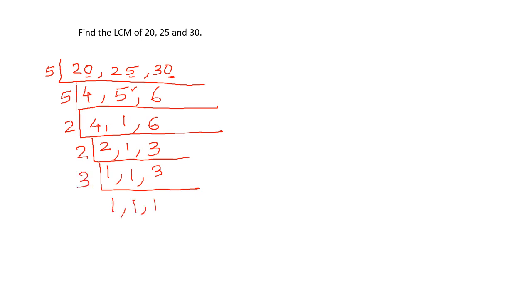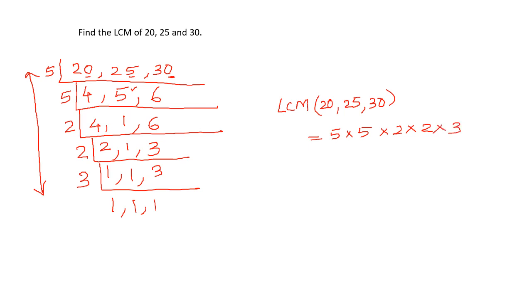I hope you're following what I'm doing here. So what will be the LCM? LCM of 20, 25 and 30 is equal to, we have to multiply all these numbers, children. That is 5 into 5 into 2 into 2 into 3.